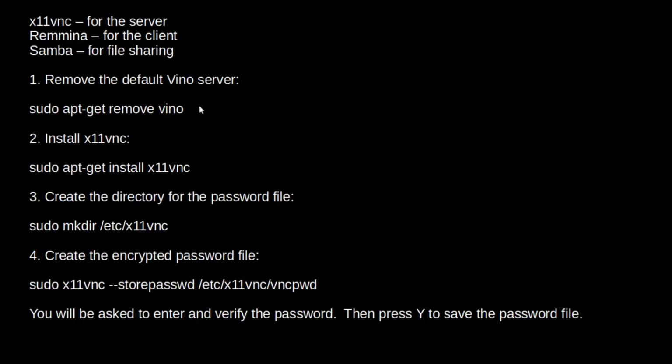Then if you have it, remove it. If you don't have it, whatever, then install x11vnc, create a directory for the password file, and then create the password file, and then you'll be asked for a password if you want to set up a password.